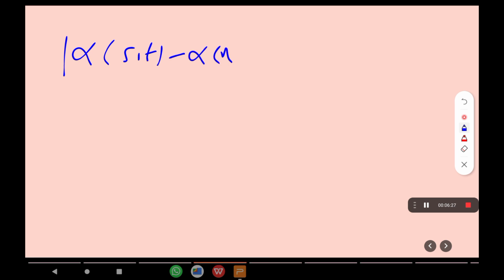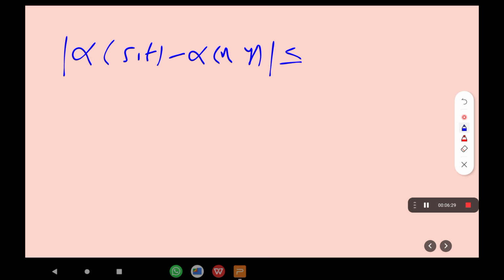At the same time, if you want to identify the direction of the edge, the angle of the coordinate from the pixel centroid to the corresponding edge pixel can be represented as the modulus of the angle of s comma t minus the angle of x comma y is less than or equal to A, where A is nothing but a positive angle threshold.